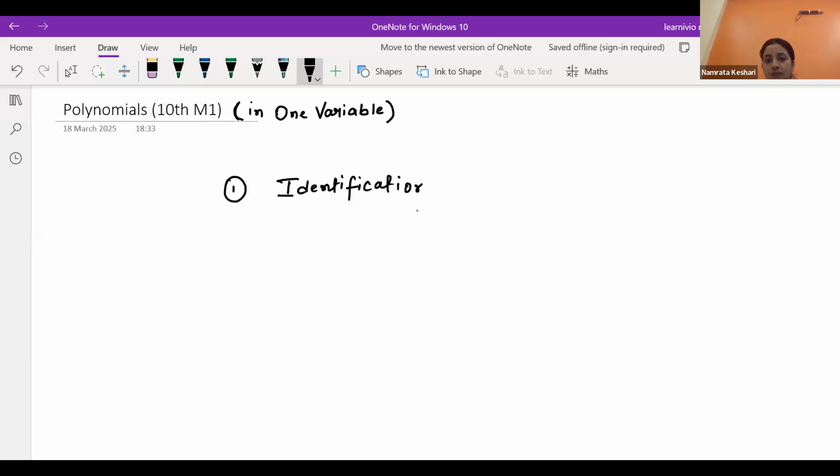If I am giving one example, let's say 1 by root x plus 8x square plus 22. Is it a polynomial?